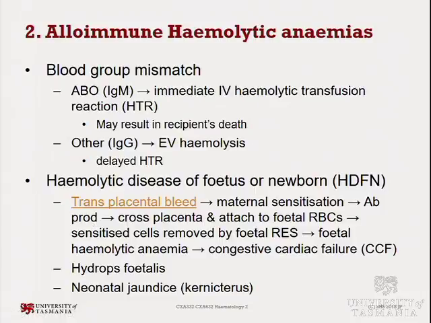That antibody can then, if it is the correct class, cross the placenta into the baby's bloodstream and attach to the fetal red cells, and then they can be removed by the fetal reticuloendothelial system. So we end up with a hemolytic anemia in the fetus.